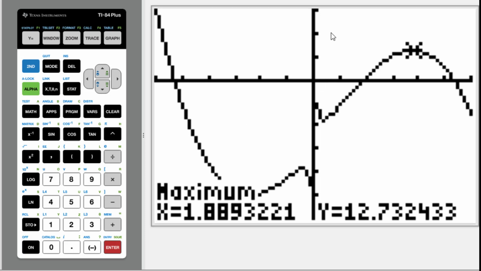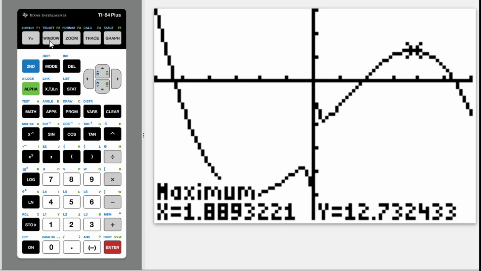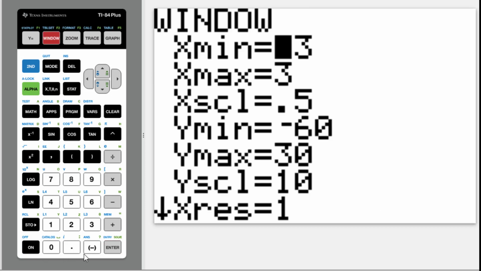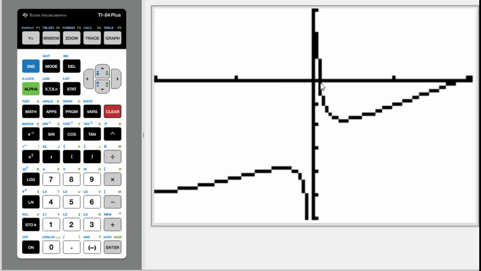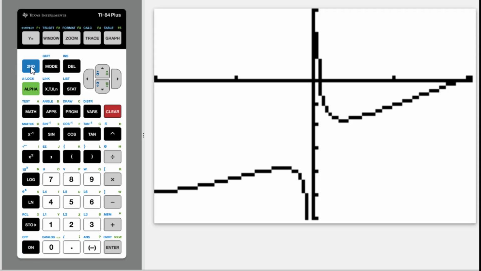I want to see what's going on over here, so I need to change the window. Let's use a -1 and a 1. Then graph. So here we found another 0. We need to figure out this 0.